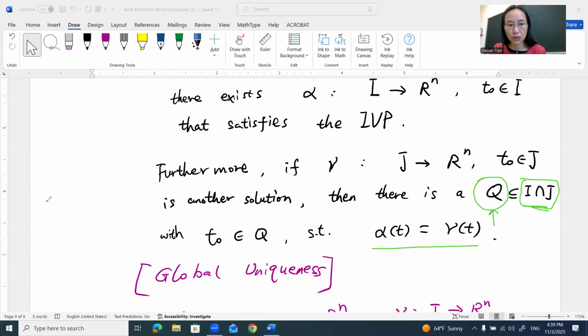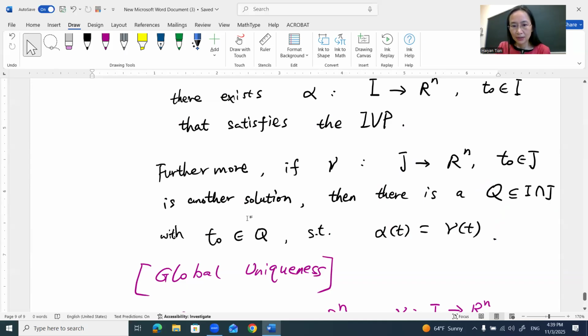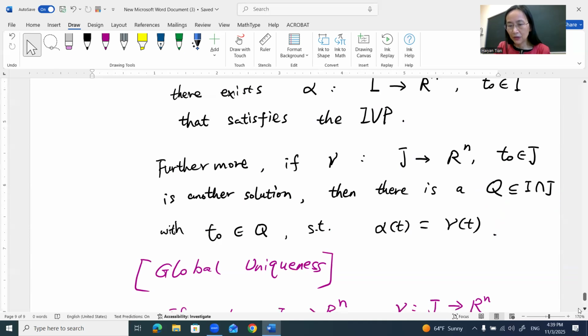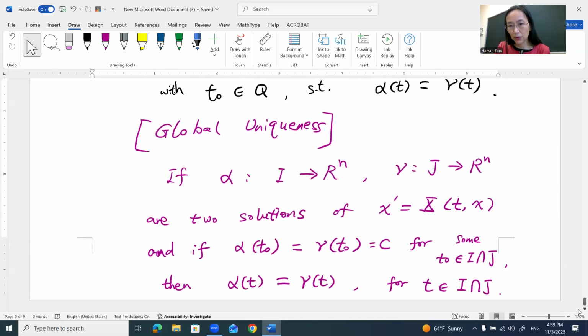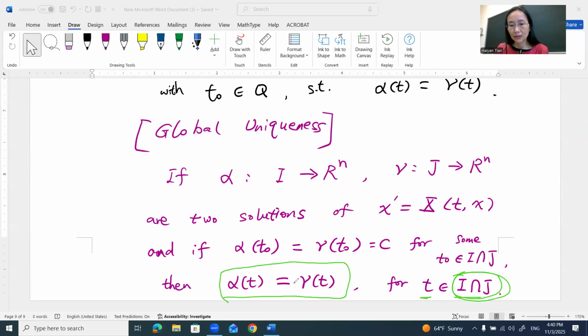That's the conclusion we arrived at before, which is a local existence and uniqueness. But now we arrive at a different result, a global uniqueness. That means over this interval, it doesn't have to be a subset of this interval, for t in that interval, alpha and gamma will always be the same. That means unique solution.